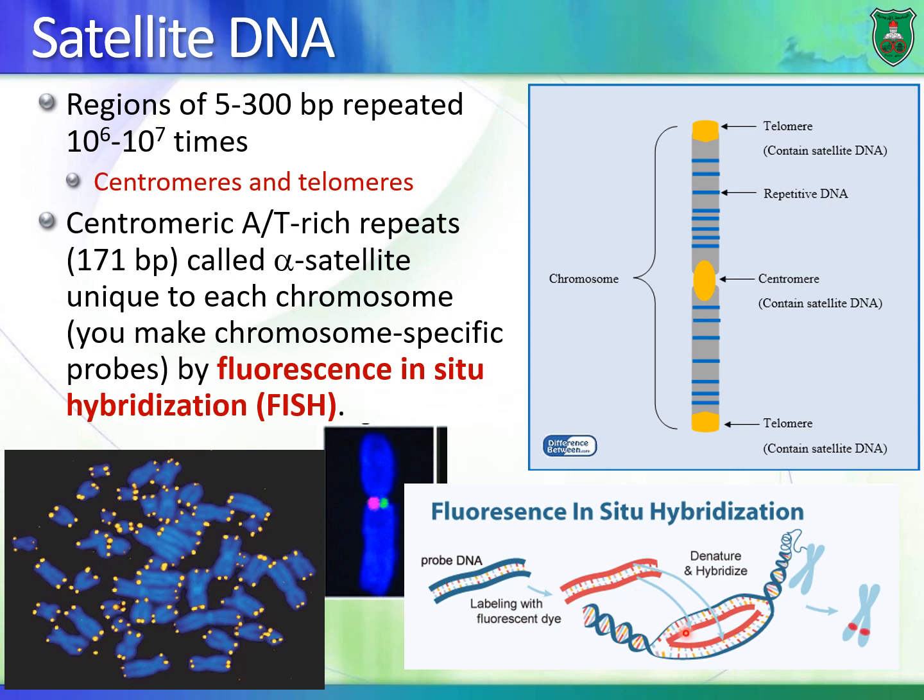It's homologous, so it binds to centromeres, for example, or it binds to a certain location on the chromosome. So here we can even label certain genes to see where they are located on chromosomes exactly, or we can probe for centromeres or telomeres, like I said here.